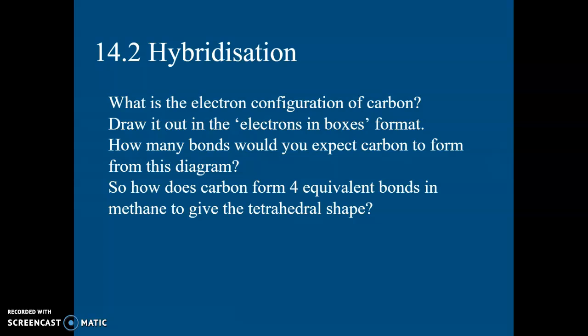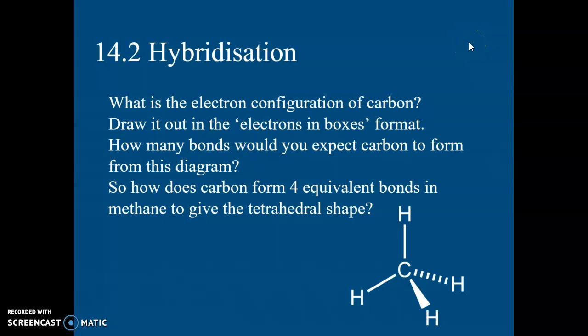There'll be the 2s orbital overlapping with the s from the hydrogens, but then there'll be some slightly different ones involving the p orbitals with the s orbital of hydrogen, but we show them as all the same, like that.